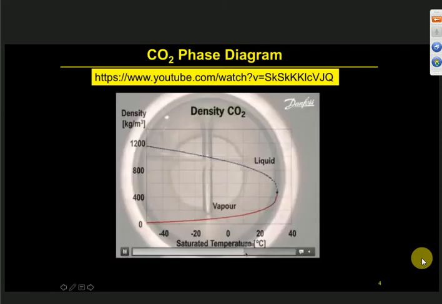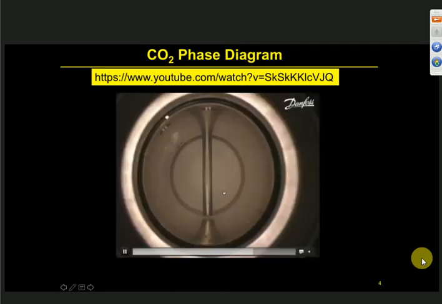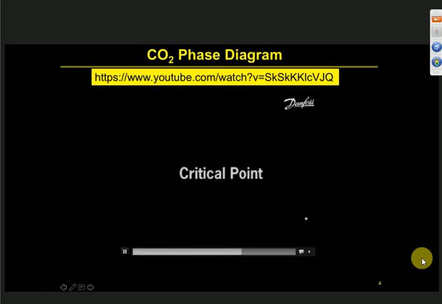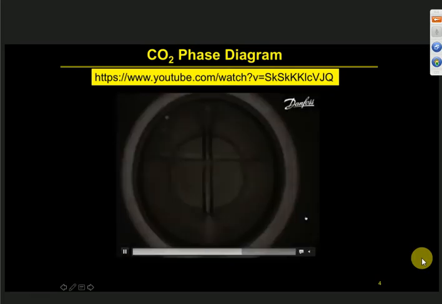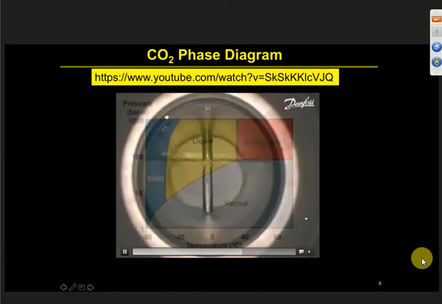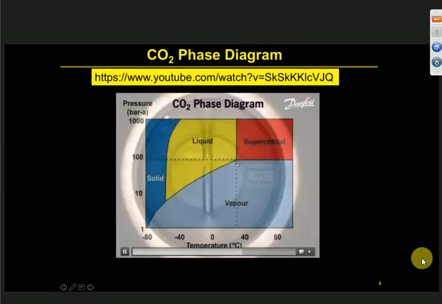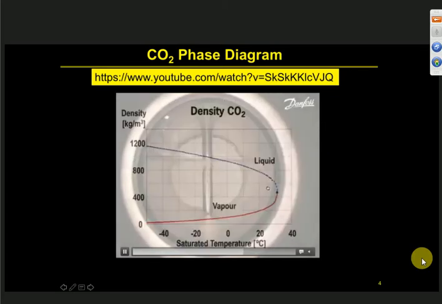Again you start with a critical point of CO2, which is like 31 degrees C and 73 bar. This is a density temperature diagram.